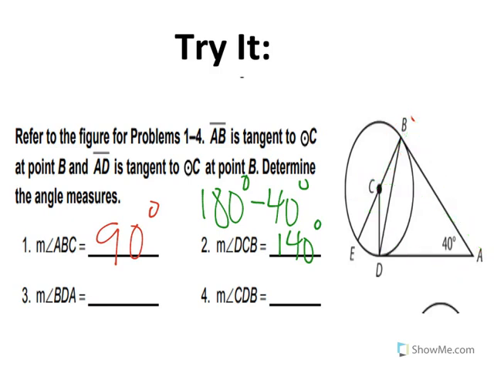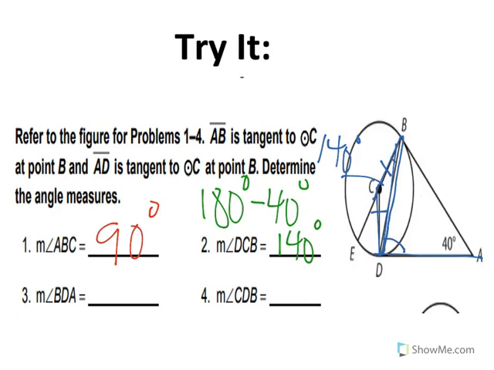Okay, let's go on to number 3. We're looking for the angle BDA, which is this angle here. Well, we know that angle C here is 140 degrees, and these two are radii.